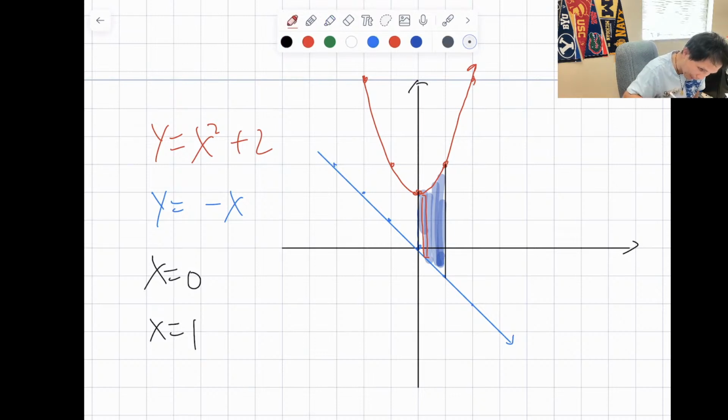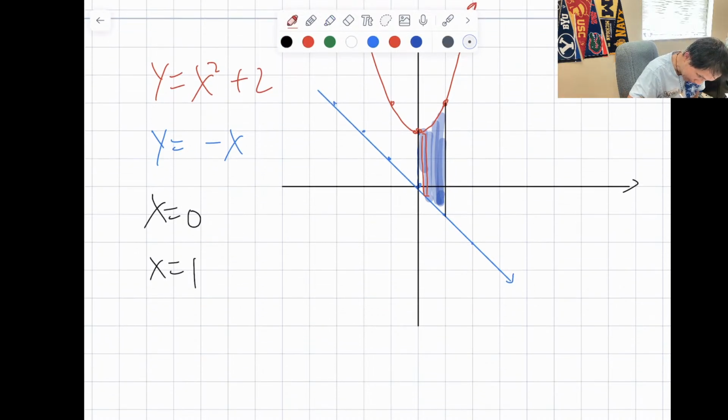So how do I set up my integral? Between what value and what value? Between which two values? 0 and 1. Good. Is that okay for everybody? What is the top function? X squared plus 2. Get used to putting parentheses, please.